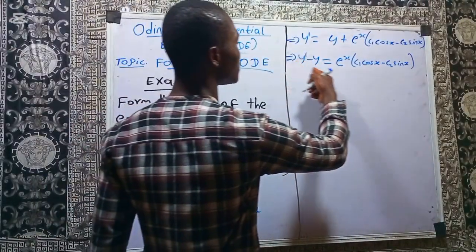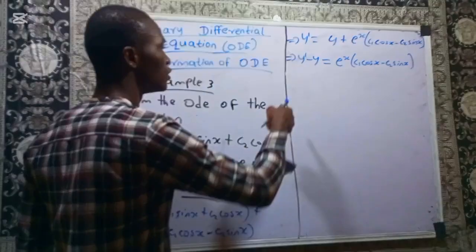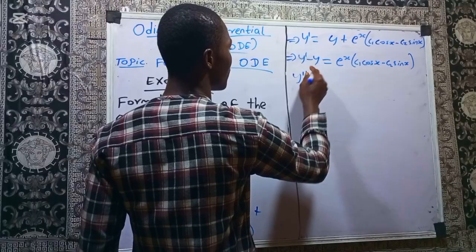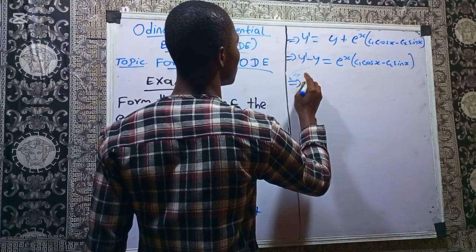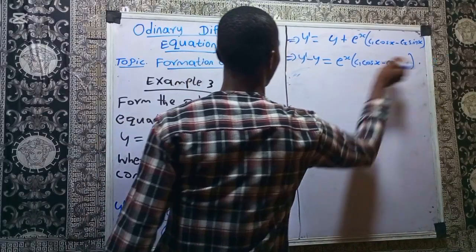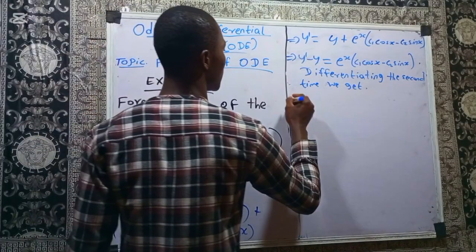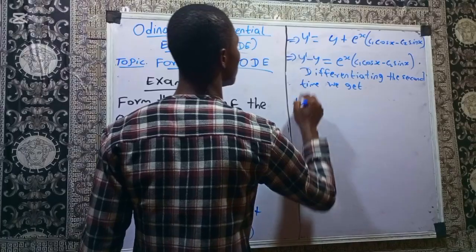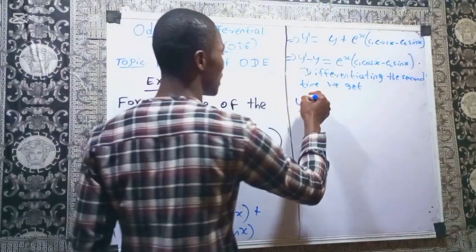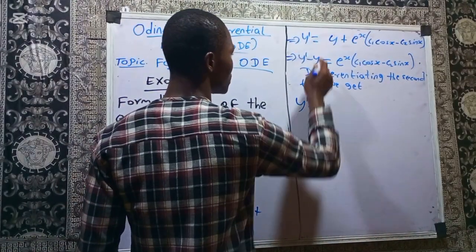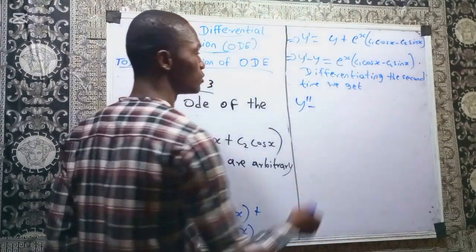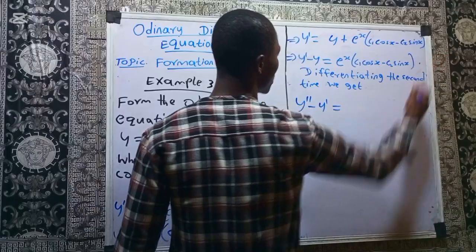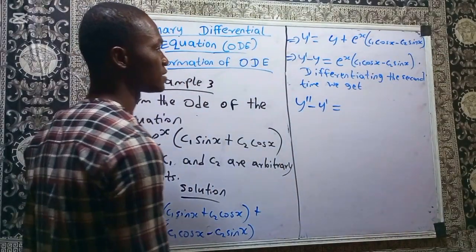So differentiating y prime again, you get y double prime, minus, differentiating y you get y prime, equal to the derivative of the expression at your right hand side.